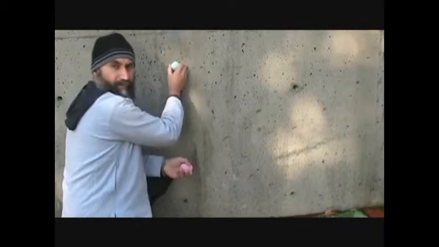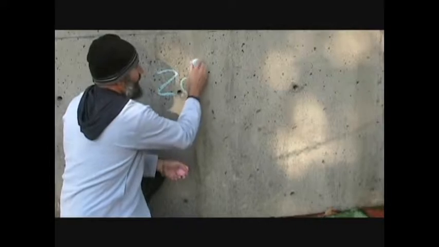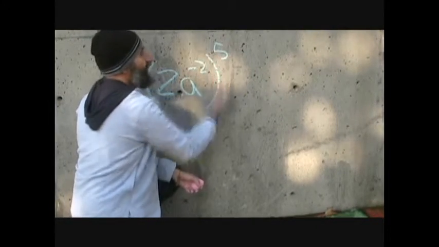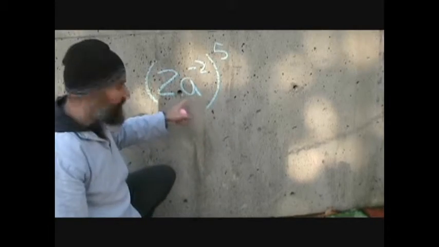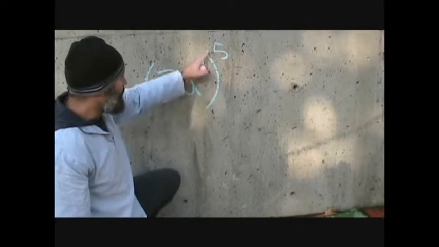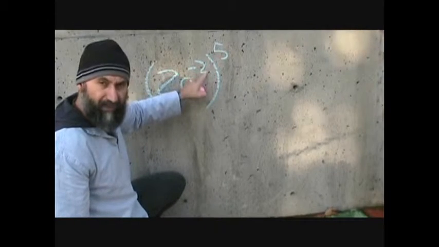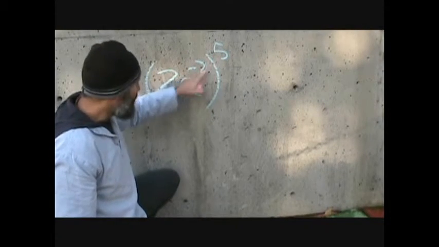So for example, if you had, where do we start here? 2a to the negative 2, all to the power of 5. Now, this is the distributive property going in here, and it applies to this and this. And what you do with the exponents is you multiply these guys.